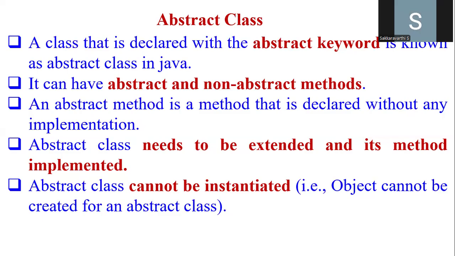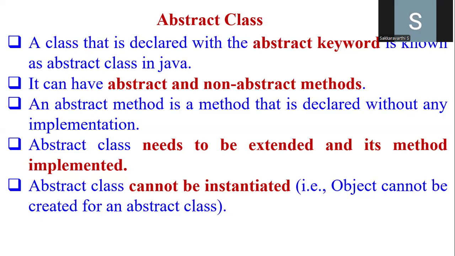Suppose, for example, in a class I have 10 methods, out of which 5 methods are abstract and 5 methods are non-abstract. Here we achieve abstraction of 50 percent, because 5 methods out of 10 are abstract and 5 are non-abstract.